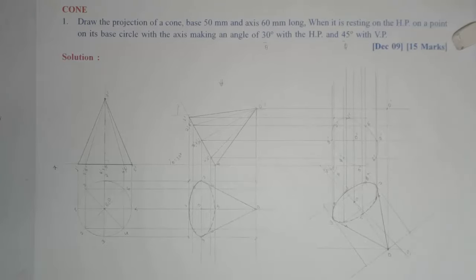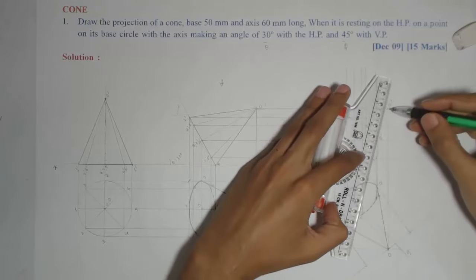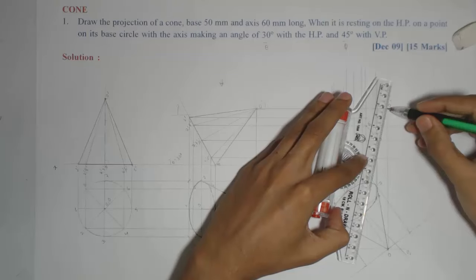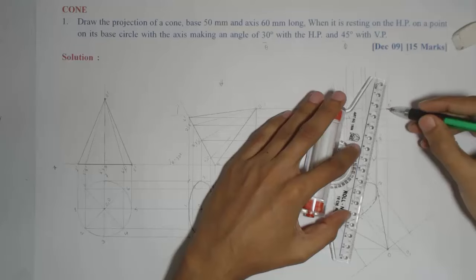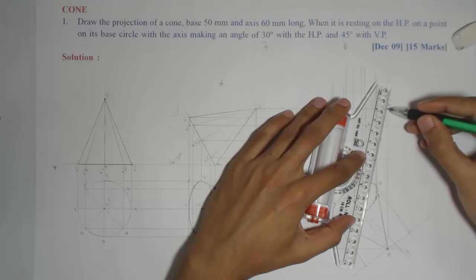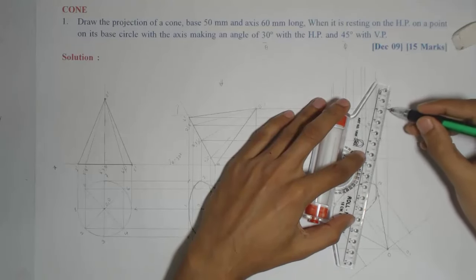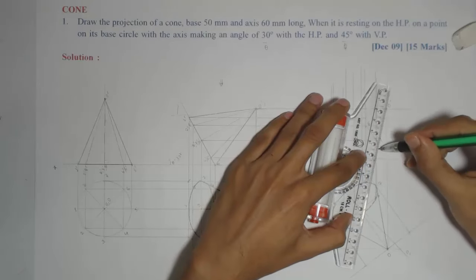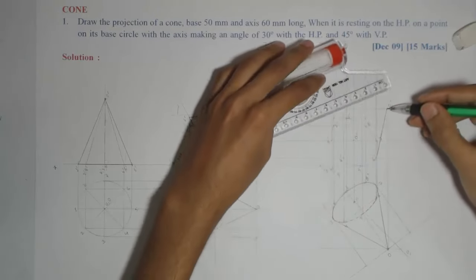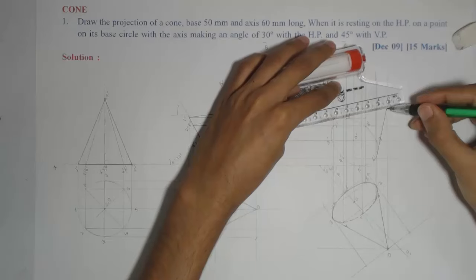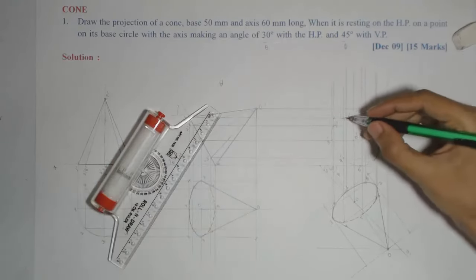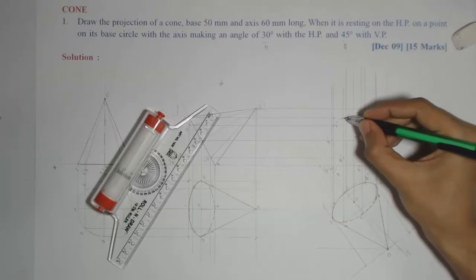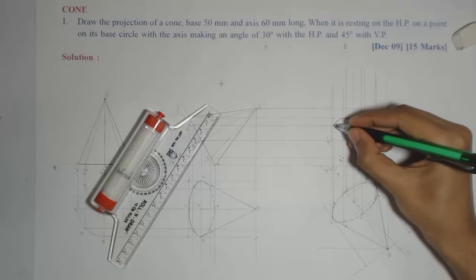Now with O dash for boundary, we need to join till the tangent point. Not any division among 1 to 8, but we need to look for tangent point. So I am getting a tangent point here. Okay. Similarly, other boundary, tangent here. Now, boundary of the ellipse, the part of the ellipse which is lying on the boundary will be dark.